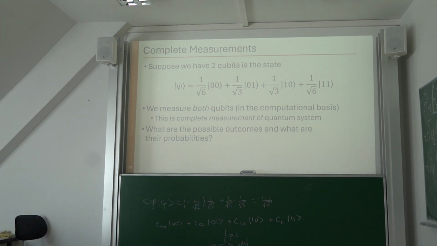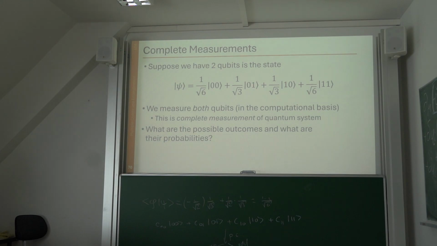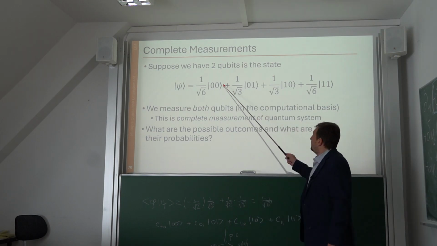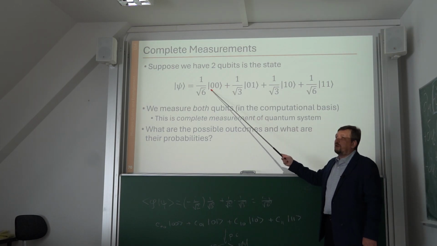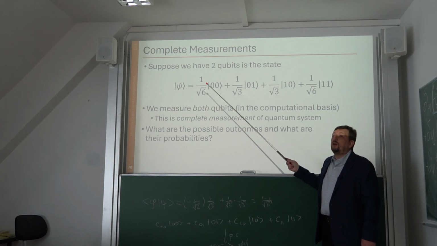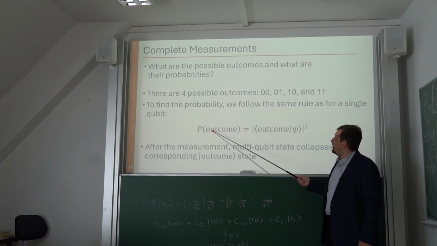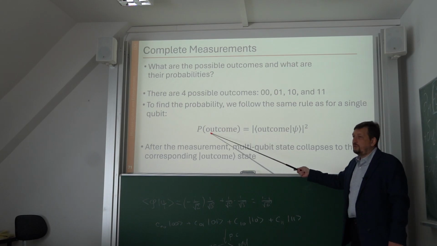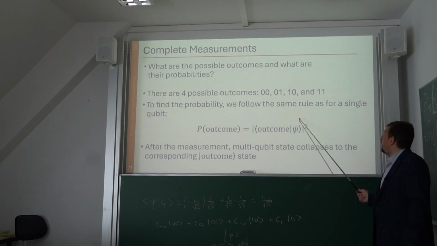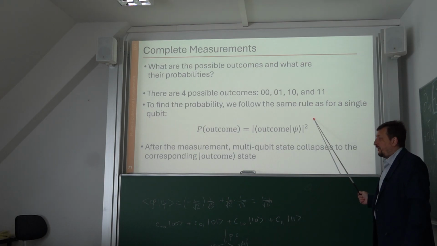Well, in this case it is very easy to calculate without any mathematics, because the probability that we will get state 0, 0 is just this coefficient squared. We can find these probabilities using the general rule that the probability of an outcome is the scalar product of this outcome with the wave function, everything squared.